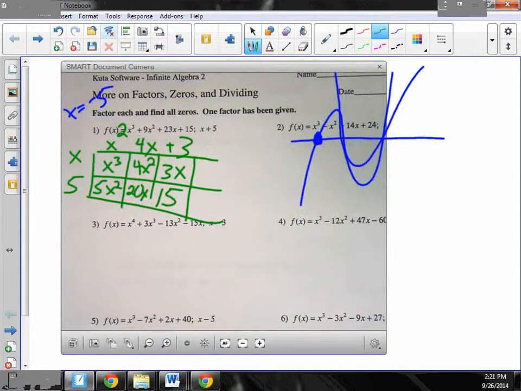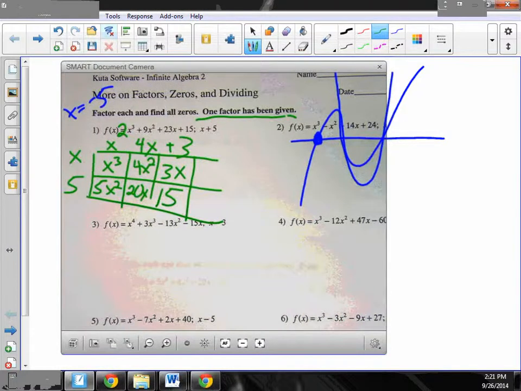Now, I already knew that my remainder was 0, right? Well, they told me one factor has been given. So I knew it was a factor, which is why I could trust it as a root. Because if the remainder is not 0, then that number is not a factor, which means that the negative of that is not a root.